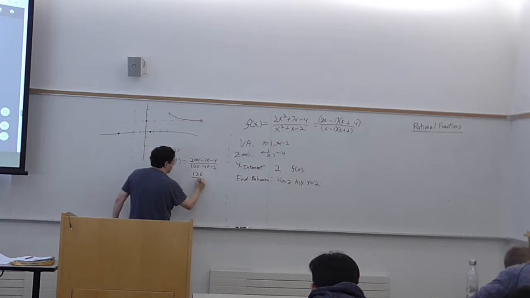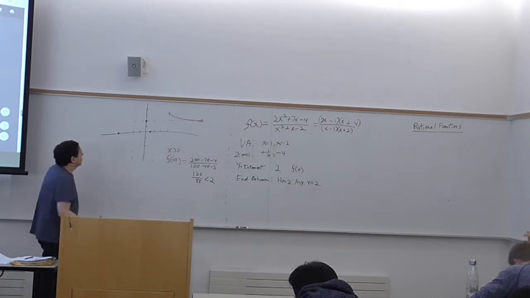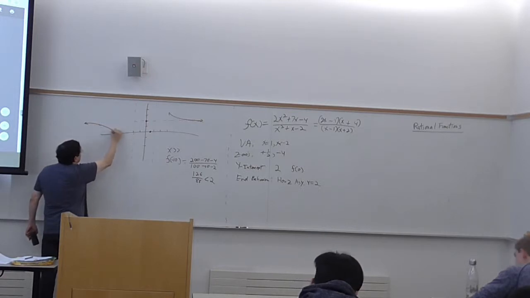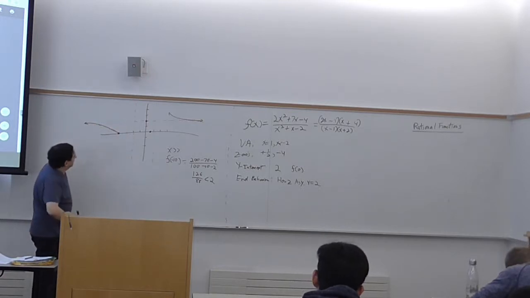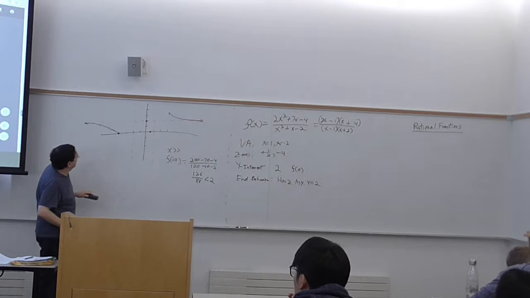It's 90 minus 2, 88. Well, that's less than 2. So that tells me out here the function is going to 2, but from below. And we can see that's probably going to cross the axis at our 0 minus 4.